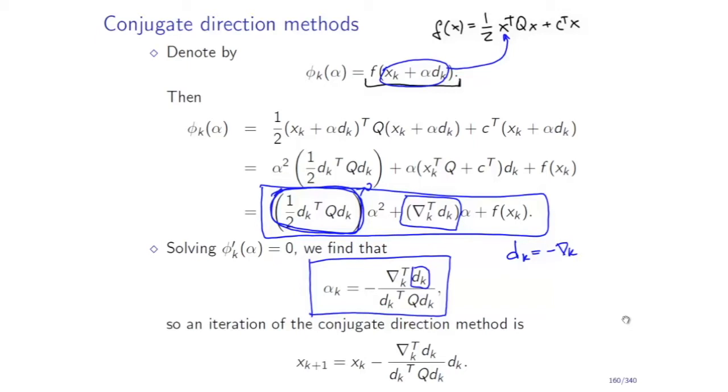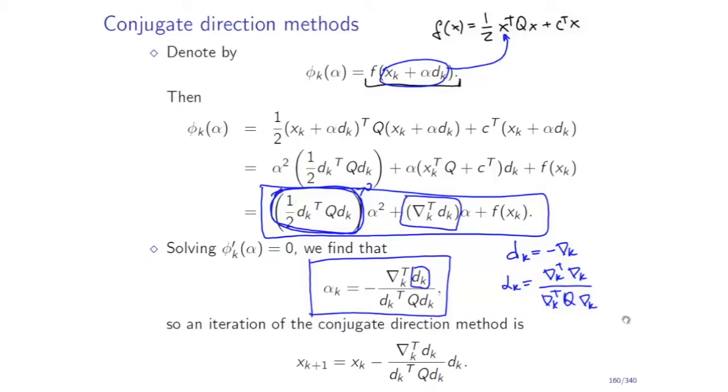And then if we plug in dk equal to minus nabla k in this expression, we'll get the following formula. So we'll have alpha k is nabla k transpose times nabla k divided by nabla k transpose times q times nabla k, which is exactly the expression for alpha k that we had in the steepest descent method for convex quadratic function.